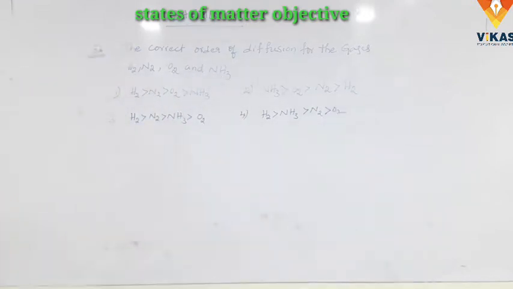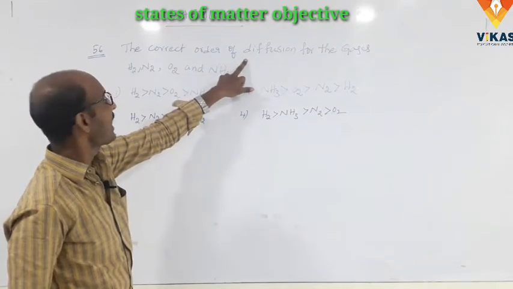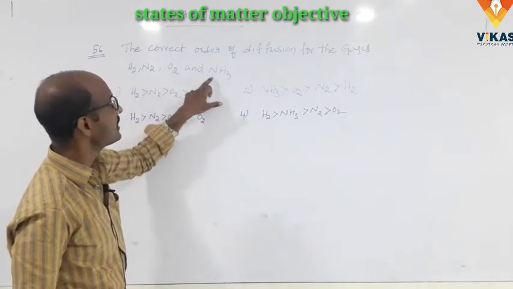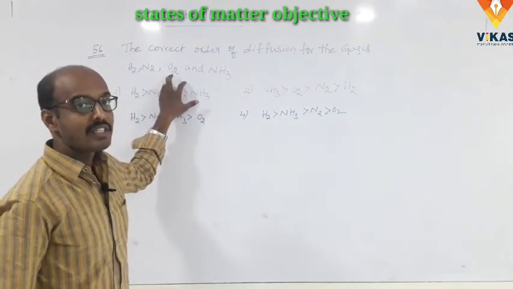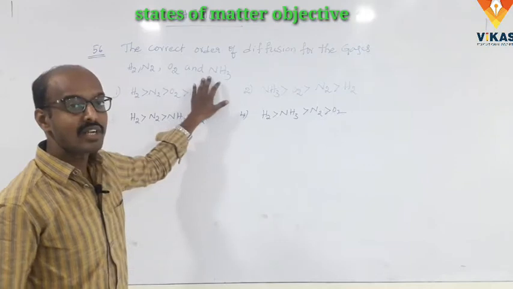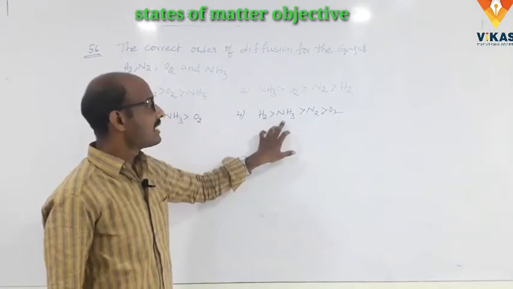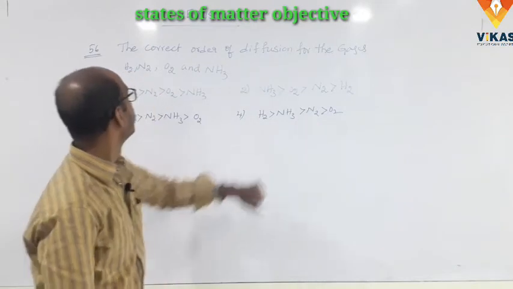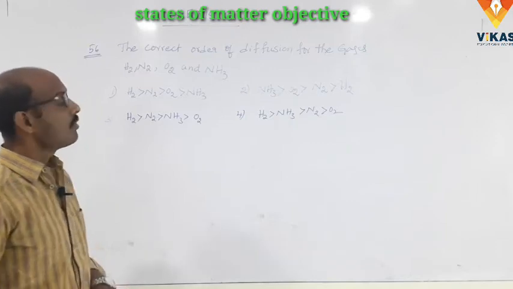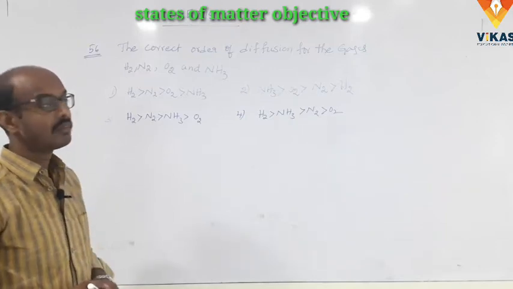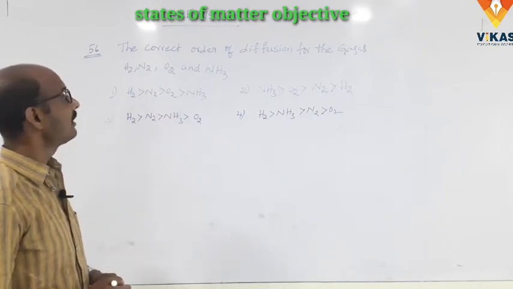So look at the question carefully once. The correct order of diffusion for the gases H2, N2, O2, NH3. Here 4 gases are given, and among these 4 gases, which gas diffuses fastest; he asks us to explain the order of these 4 gases. So give me the correct order from the following 4 options.